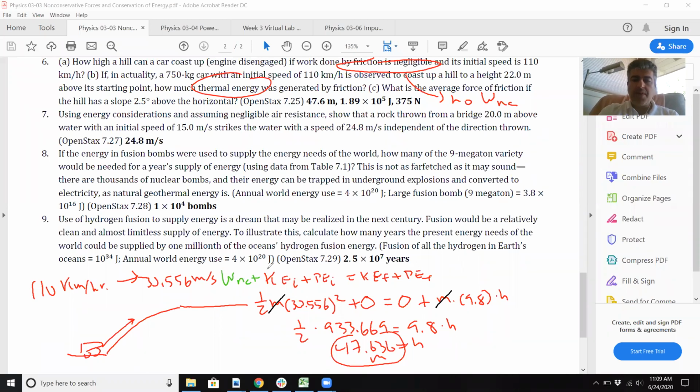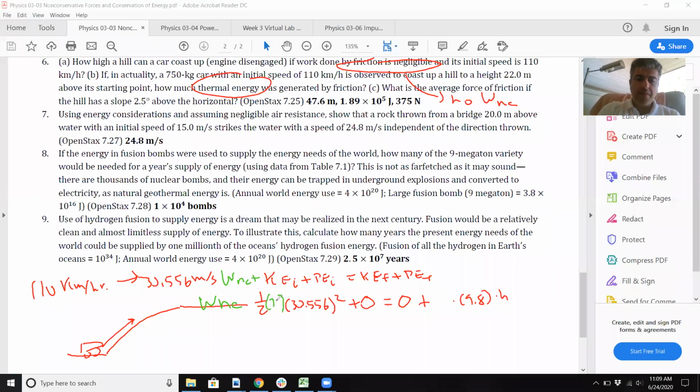So we're going to do roughly the same thing. I'm solving for WNC. And also, I can't cancel out the masses like I did. So I'm going to make a little adjustment here. 750 kilograms.